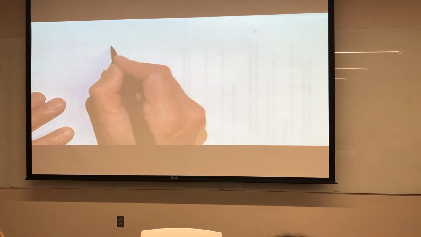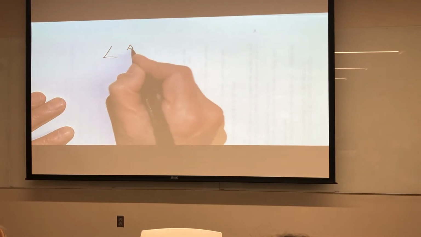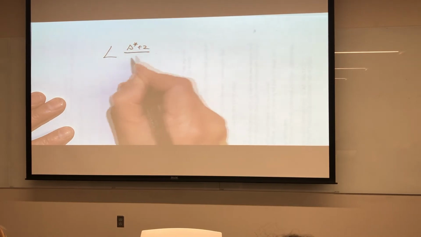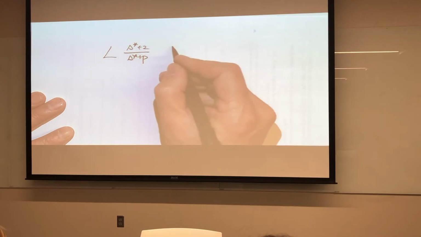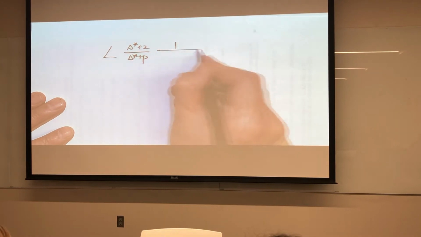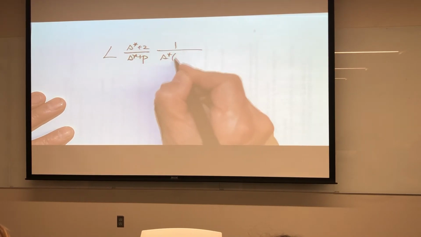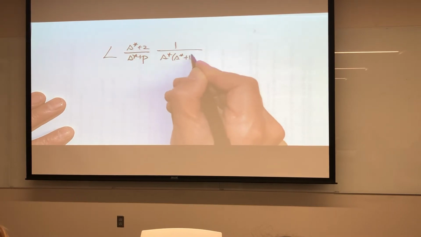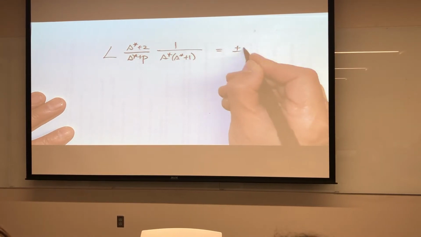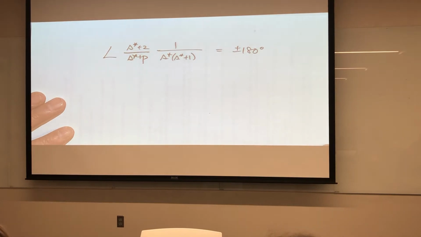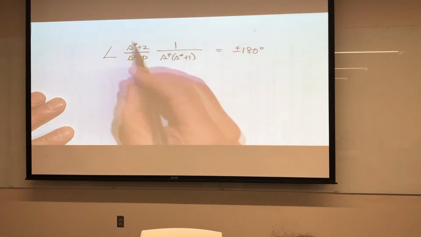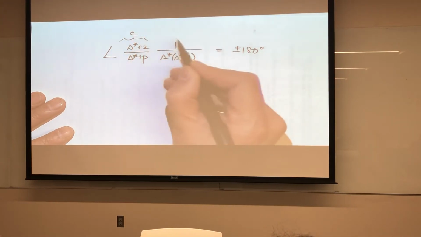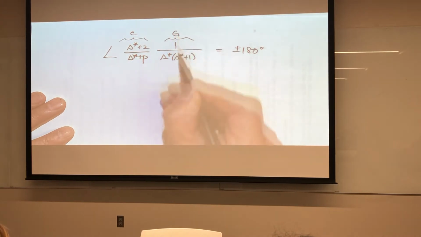So what we're saying is the angle of (s star plus 2) over (s star plus p), times 1 over s star, times 1 over (s star plus 1), has to be equal to 180 degrees. This is the compensator. This is the plant.